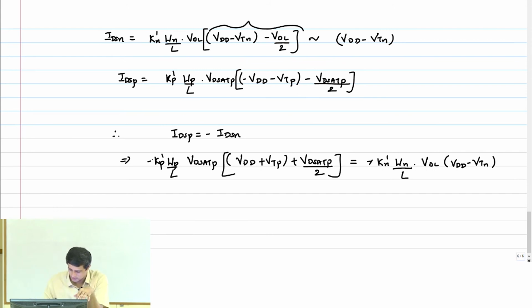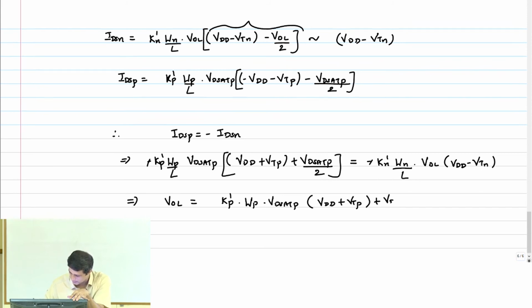Therefore, I can cancel out these two things and I will get VOL as Kp prime into Wp into Vd sat P into VDD plus VTP plus Vd sat P by 2, divided by Kn prime into Wn into VDD minus VTN.